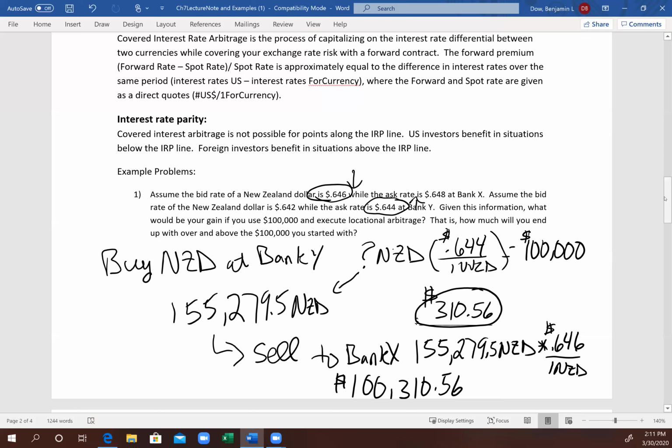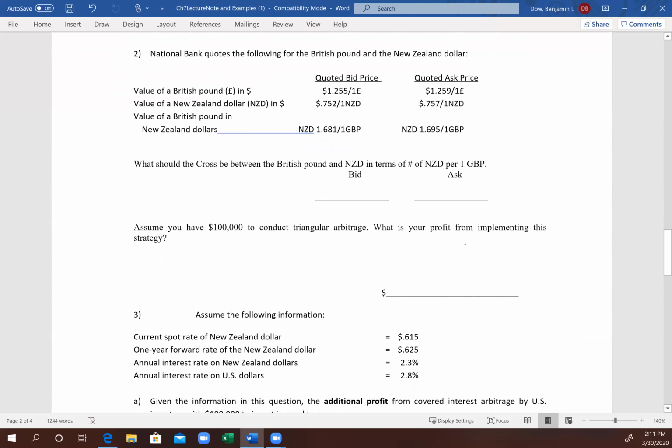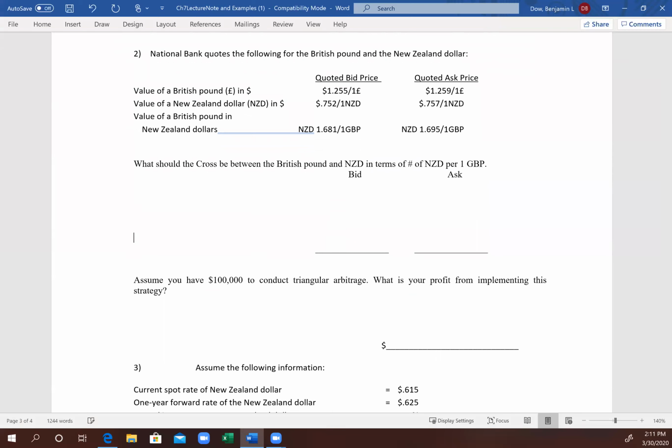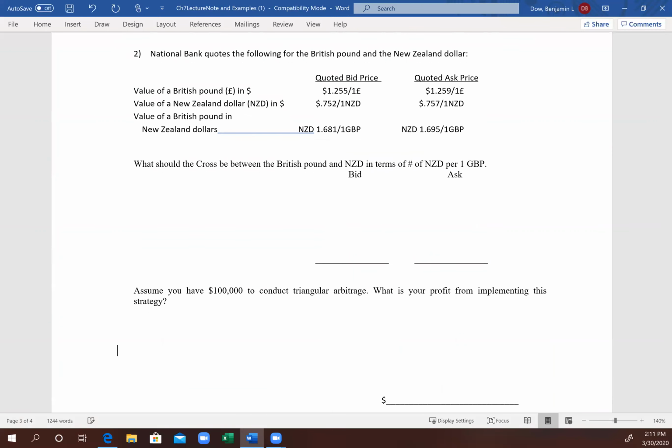All right, let's go ahead and look at this second question. If you remember, this was the idea of triangular arbitrage.